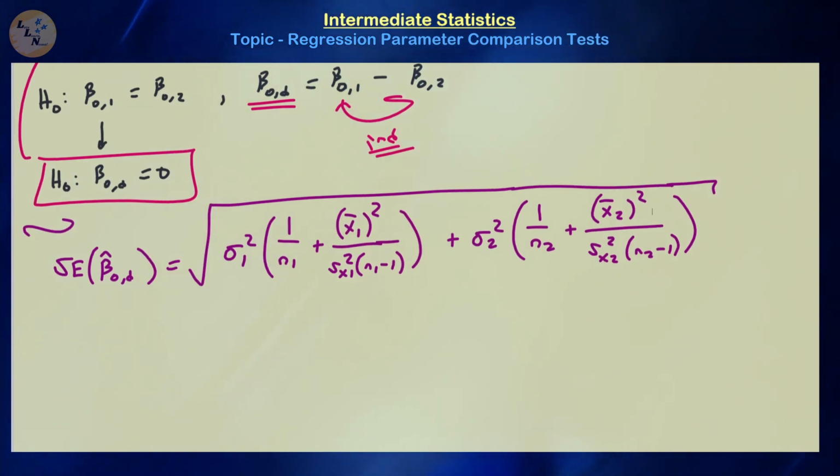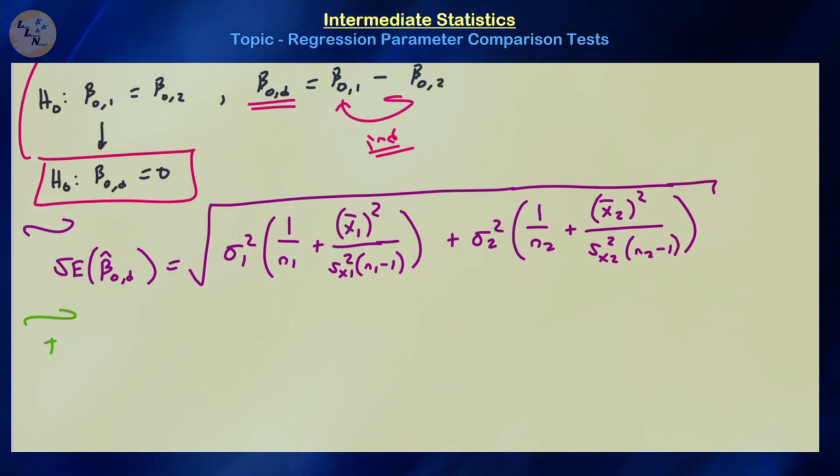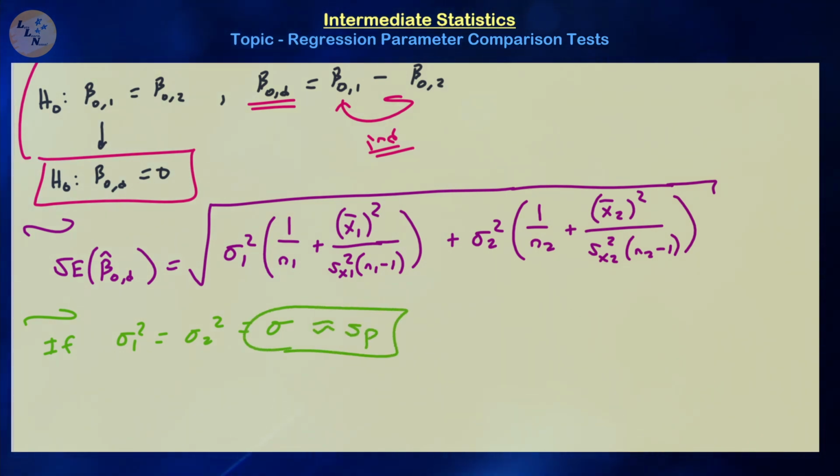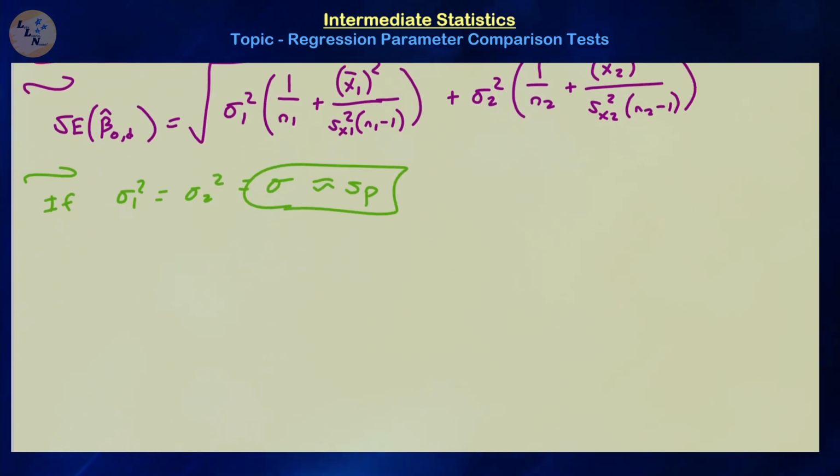Now, some simplifications can be done if you assume some things about the populations. For example, if sigma 1 squared equals sigma 2 squared equals sigma, and let's assume we approximate that with a pooled standard deviation, similar to how we did for the difference in slopes for the two different regression lines.